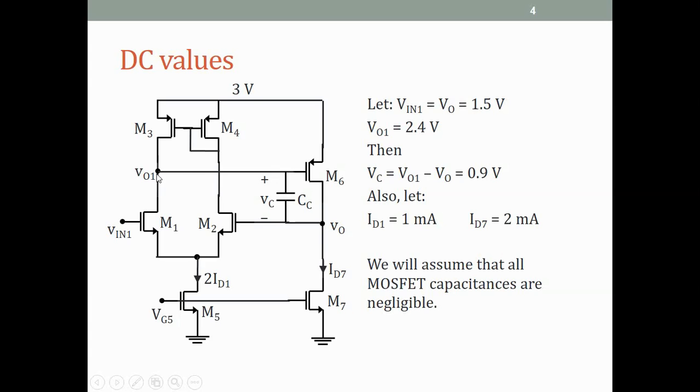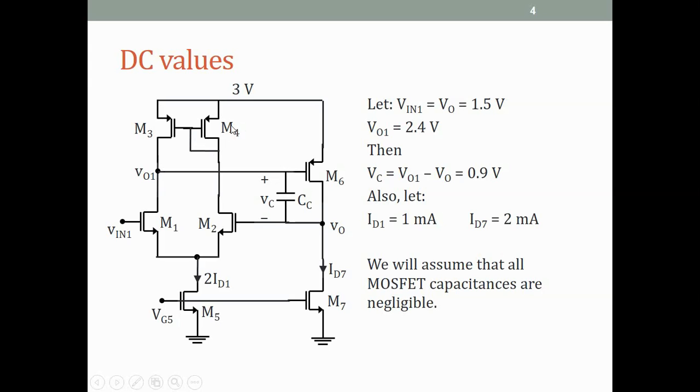Let us make VO1 2.4 volts. That is in some sense by symmetry, because if M4 has a VGS, then M3 will also have the same.